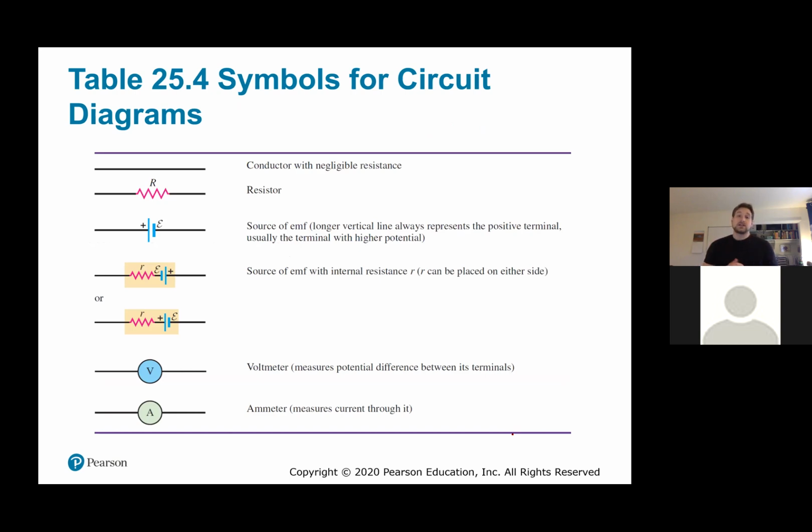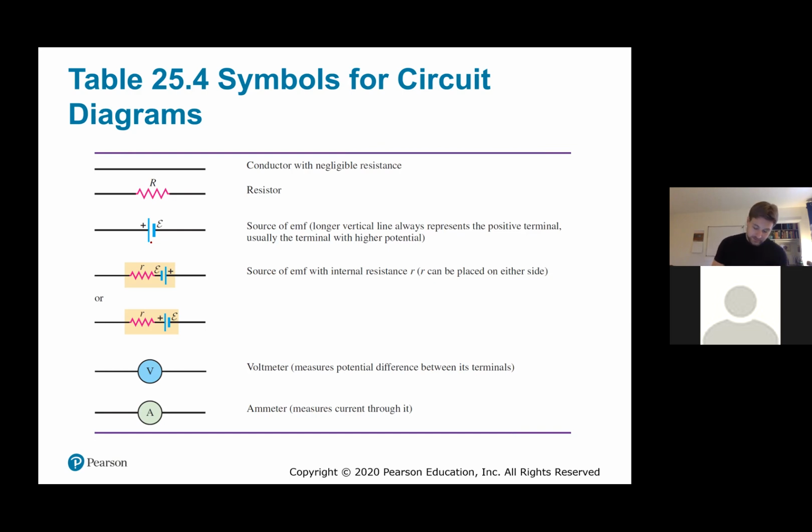Since we're considering electric circuits, we are going to need a way to represent them in quick diagrams, kind of like a free body diagram, but for circuits, a shorthand for how to draw a circuit, because we don't actually want to have to get a picture of the actual electric circuit every time.